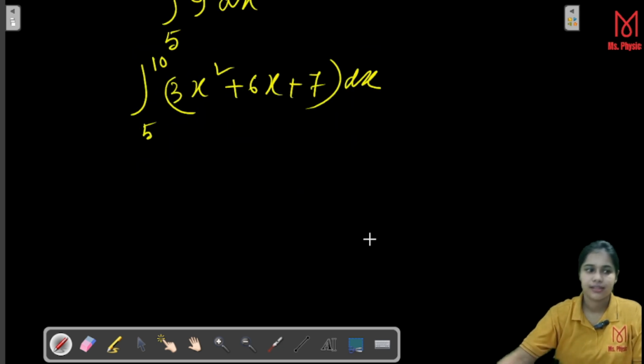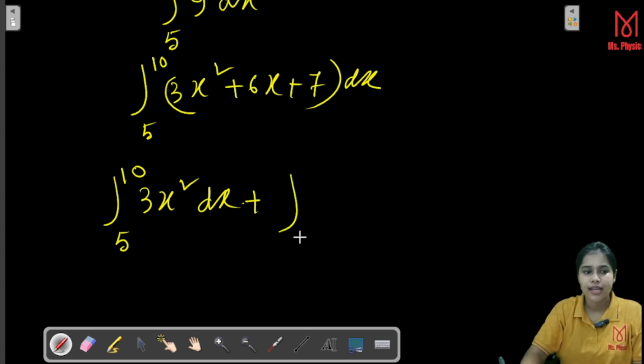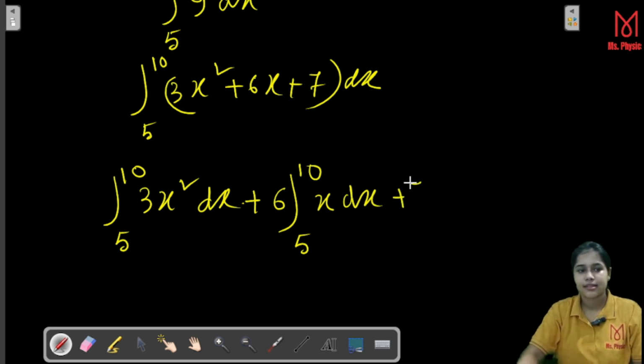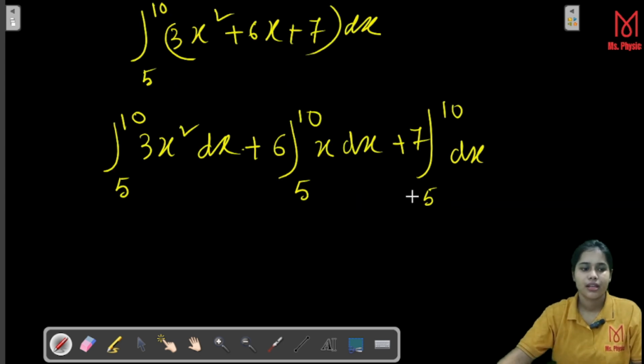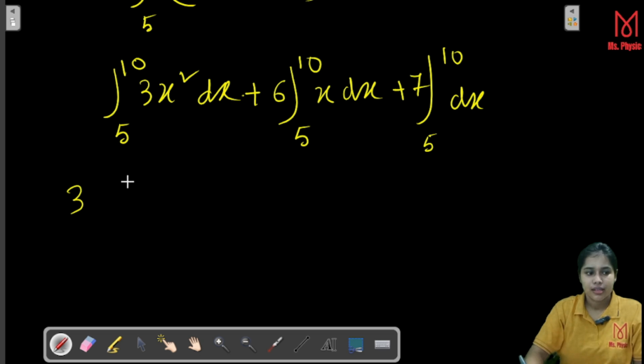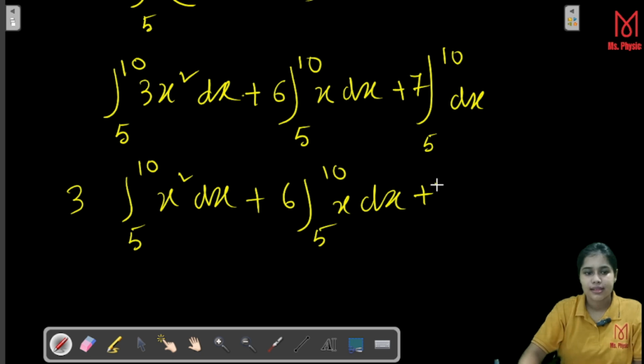So let's do the integration. Integration from 5 to 10 of 3x² dx, plus 6 times the integral from 5 to 10 of x dx, since 6 is constant and comes out of the integration, plus 7 times the integral from 5 to 10 of dx.